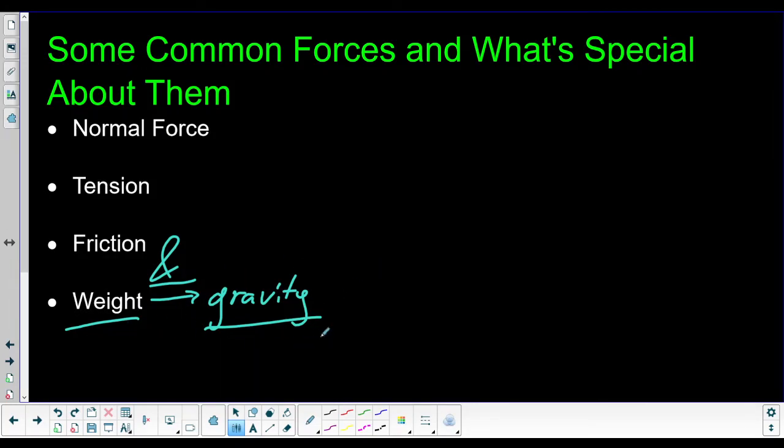And let me go ahead and just give you the equation for it. We're not going to use it to calculate anything today, but I might as well because it's so easy. So the equation for weight is equal to the mass of the object, or like how much it resists motion because of all the stuff that's there, times little g. So this is a mass times an acceleration. So mass times acceleration is force.